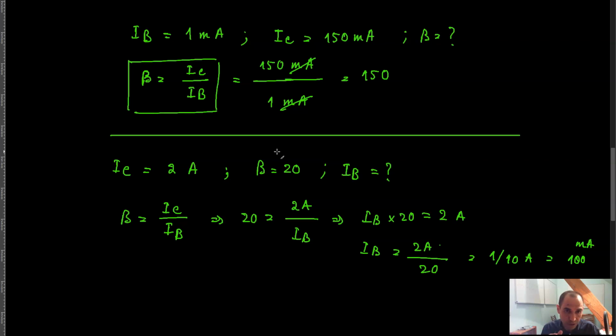I of B you always have control over, depending on the voltage and the resistor that you choose for your base. There is some current flowing as your I of B, and then based on that and your beta, there is some I of C on the output of your transistor.